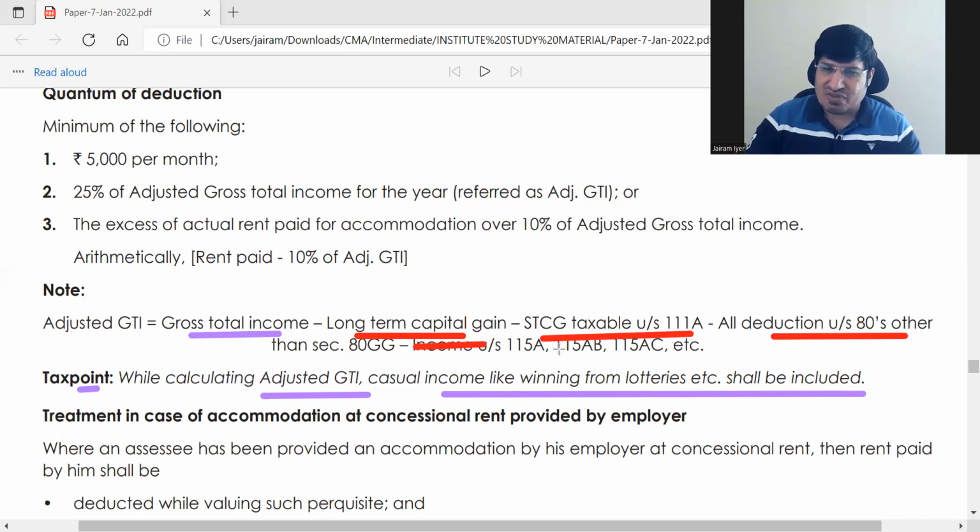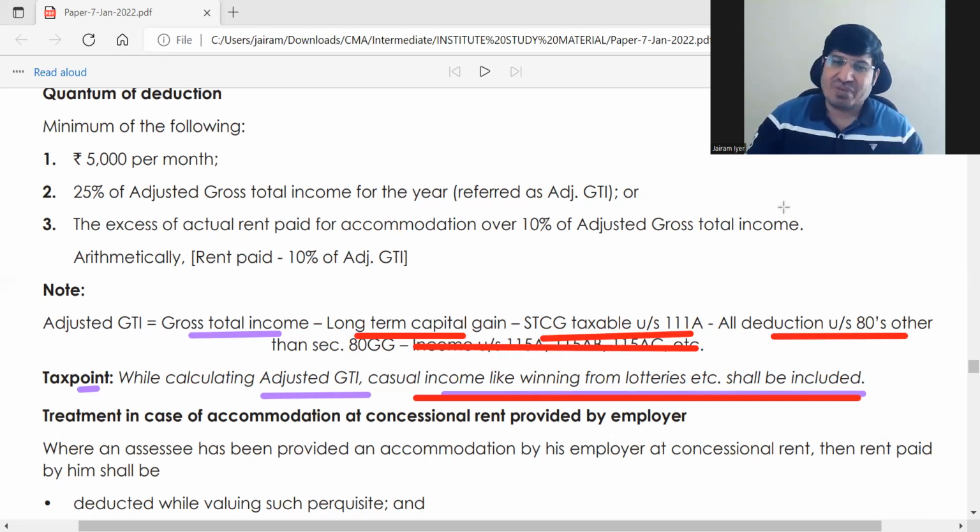Just ignore this for the moment. This is what you are removing. That means all other things are there in gross total income, which means your casual income is also there. Normally casual income is excluded in most cases, but here while calculating adjusted GTI, casual income is there as a part of adjusted GTI.